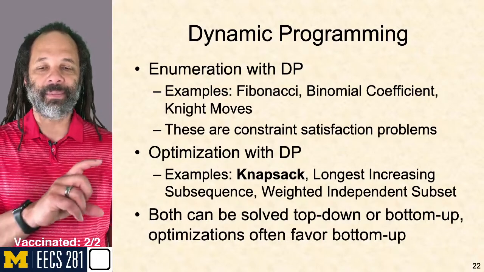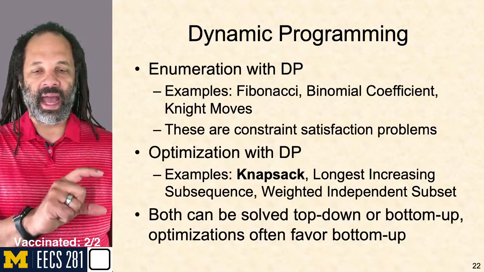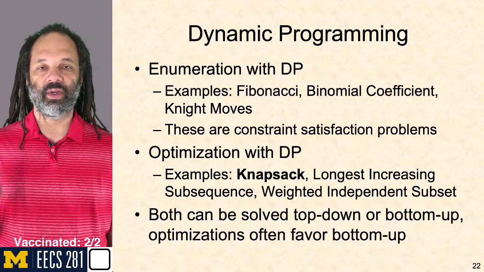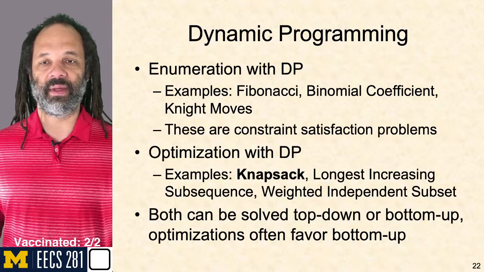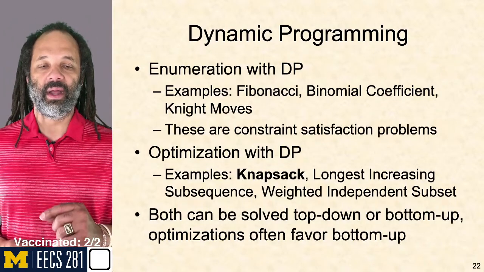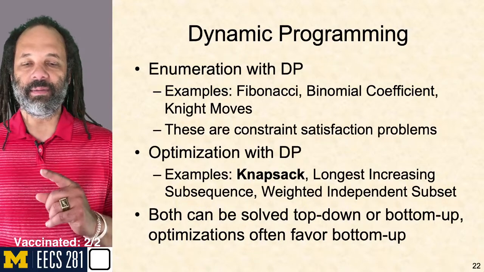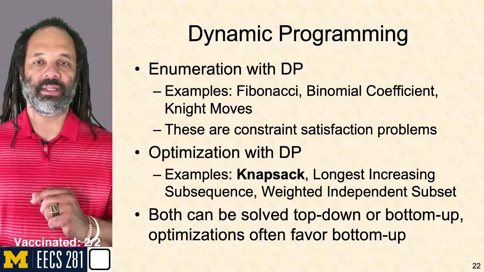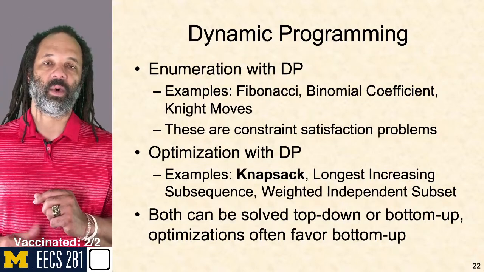When we get into optimization with DP, now we can see things like the knapsack problem, because we do have to keep ourselves within the constraint of filling the bag, or not overfilling the bag, and we want to get an optimum value there. Other DP optimizations are longest increasing subsequence. That's one you should go look up.